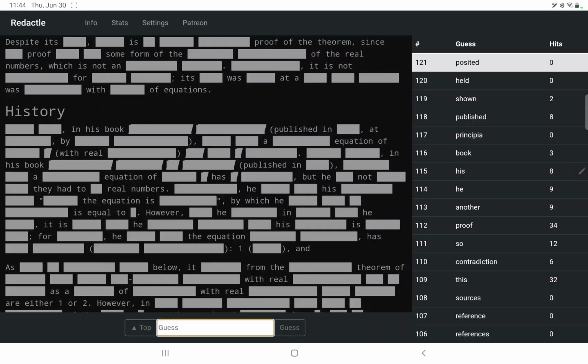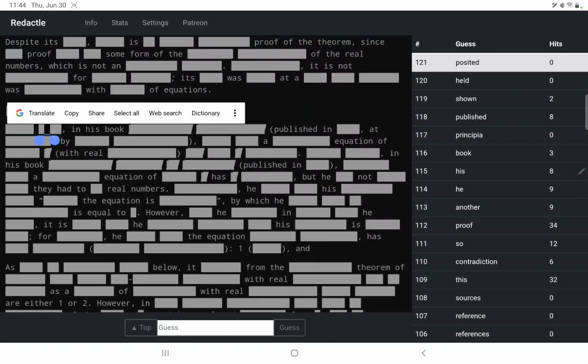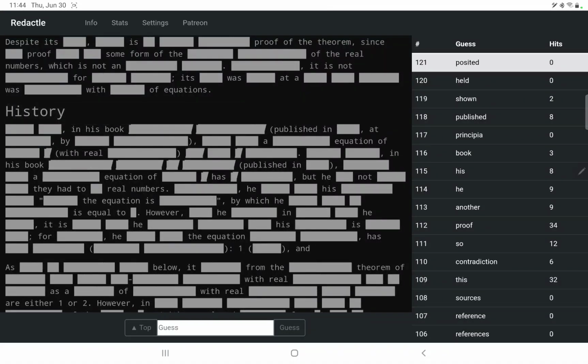No. So who is some mathematician with 5, 4 in his name? Was there a guy called Hook? I think he might have had an E at the end of his name.